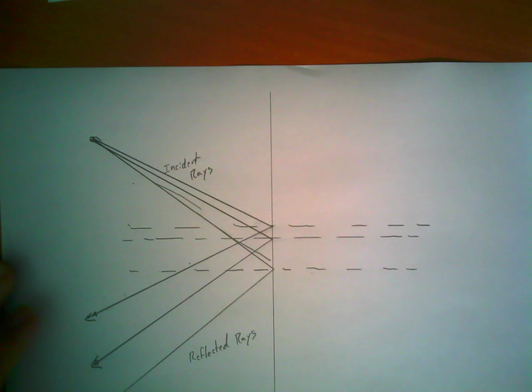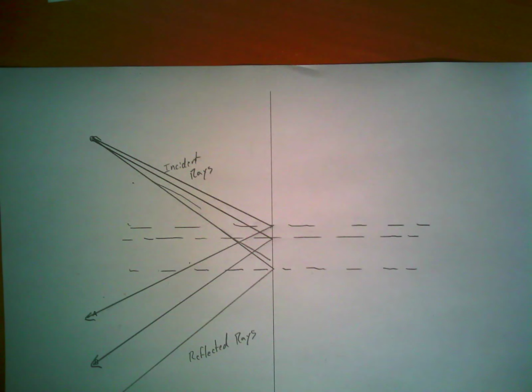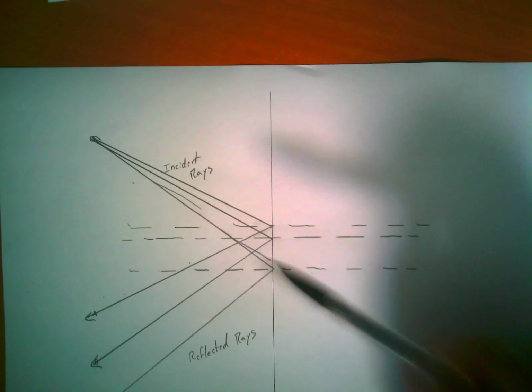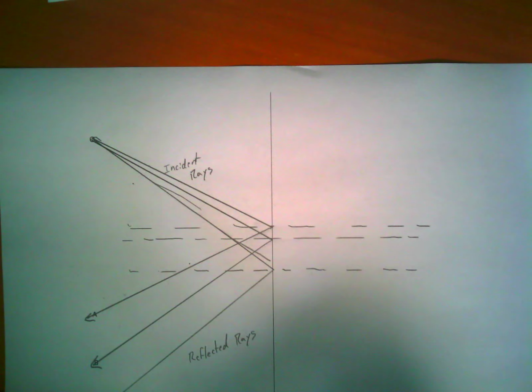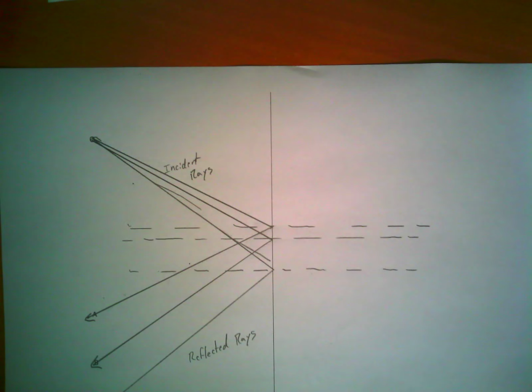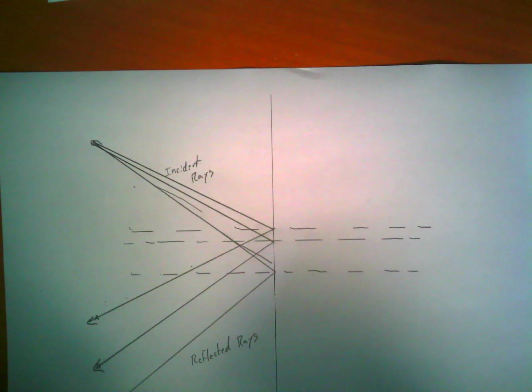Now that I have my incident rays, my reflected rays, and my normal lines, I can get my angles. So to get the angle of incidence, remember, the angle of incidence is between the incident ray and the normal line. So let's use our protractor to figure out what that angle is.